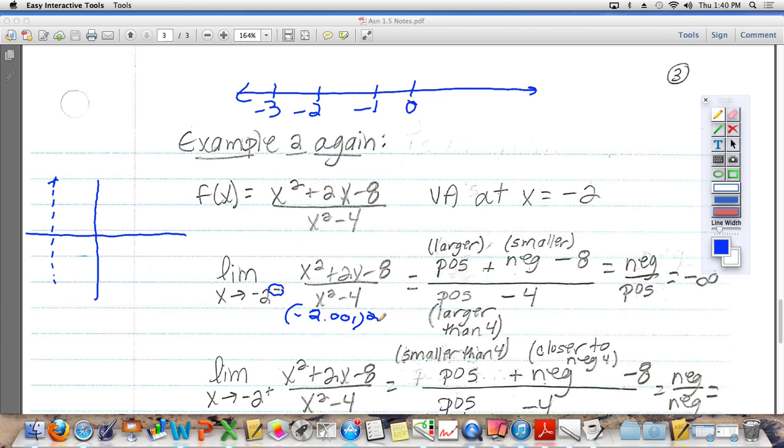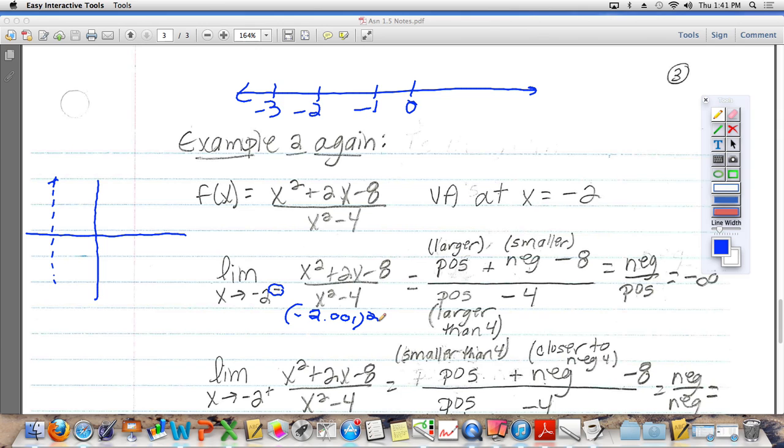I think this might end up being a little more confusing than it needs to be. When you square this number, you're going to end up with a positive number, and that positive number is going to be a little bit more than 4. And then you're going to subtract 4 from it. What does your calculator say you should get? You get a positive number. That's all you care about.